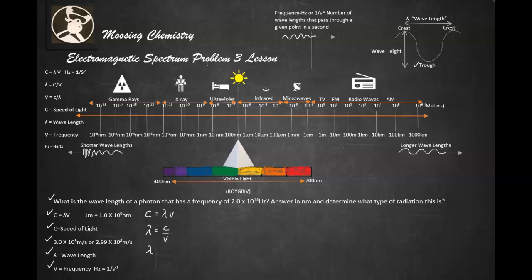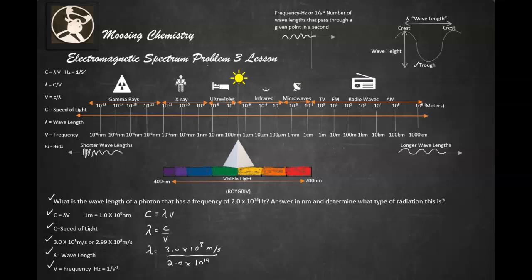So lambda equals the speed of light, which is 3.0 times 10 to the 8 meters per second, divided by our frequency, which happens to be 2.0 times 10 to the 14 hertz.